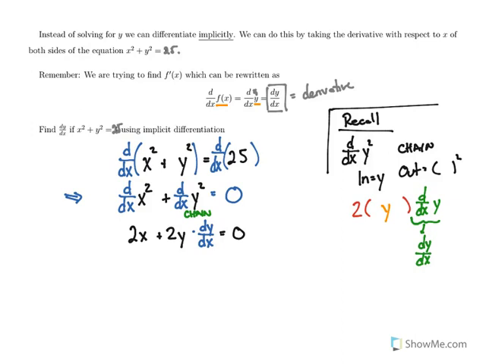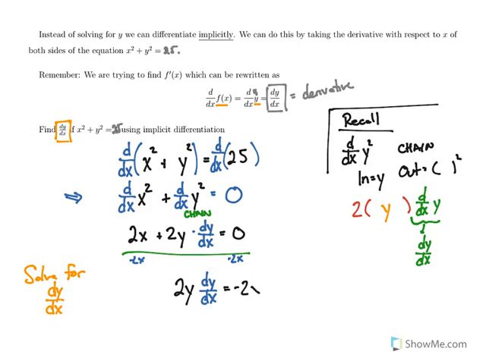So now we're going to use this expression. Remember, what we're trying to find is dy/dx. So we are going to solve for dy/dx in this expression. So I'm going to subtract 2x on both sides, and we'll get 2y dy/dx equals negative 2x.